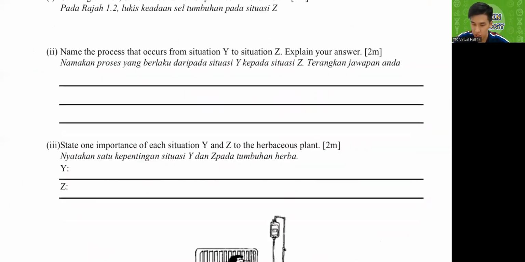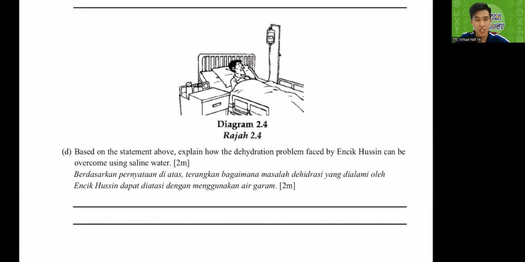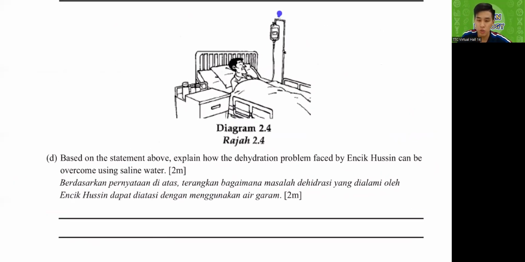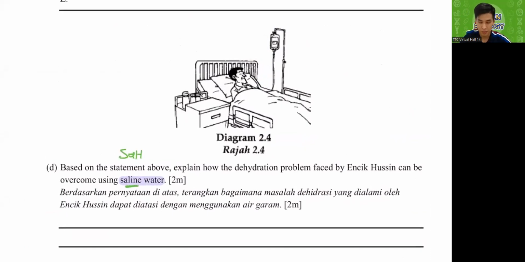Okay, last one. Last one, 1 minute, finish already. I want to do this one. Look at the last page. This is when we go to hospital, they drip water. Based on the statement above, how can the dehydration problem faced by ENG be overcome using saline water? Now, if you don't know, when you go to hospital to drip water, it's actually not normal water. You actually drip saline water. We call this a saline drip. Saline comes from the word salt.